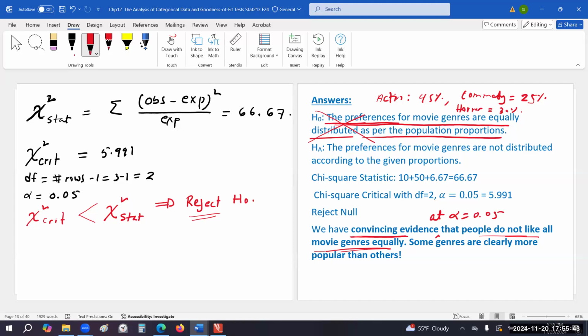So there is a statistically significant difference between the population proportion and the sample proportion. Clear? Any questions for anyone? No questions?